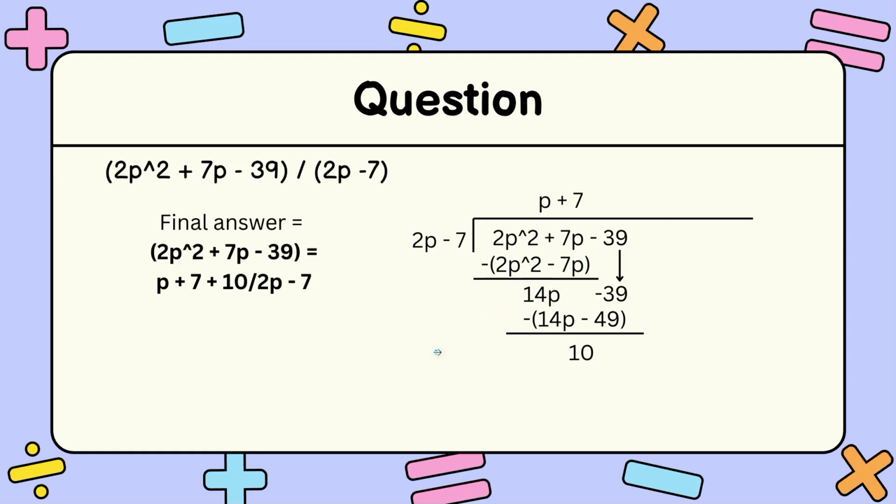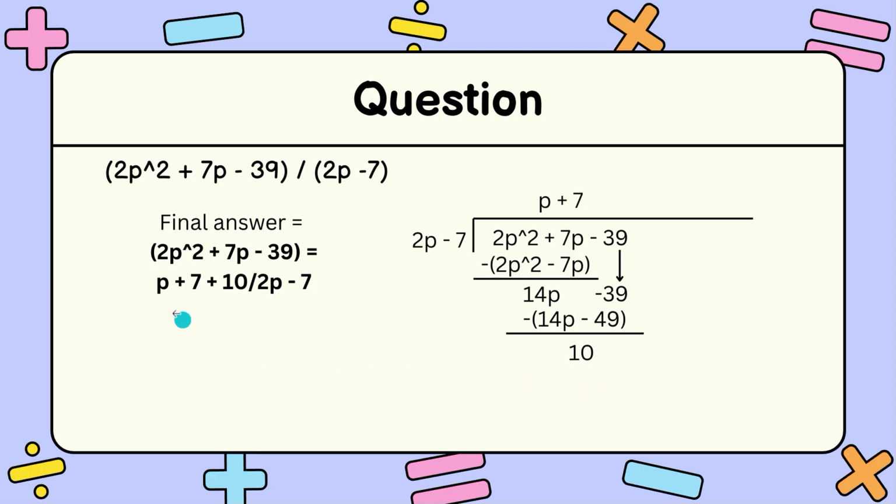And then we'll just keep on going. 14p divided by 2p is 7, and then again we'll multiply it over. 7 times 2p is 14p, and 7 times negative 7 is negative 49. And then you'll set it as a negative, leaving us with a remainder of 10.